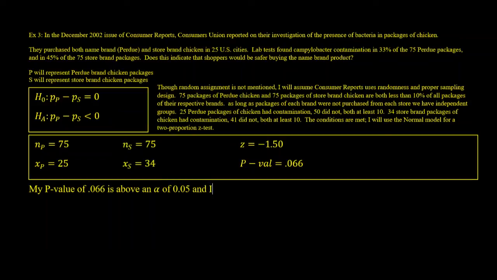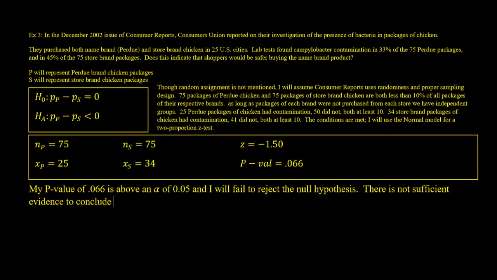And I will fail to reject the null hypothesis. There is not sufficient evidence to show that name brand chicken is less likely to contain contaminants than the store brand.